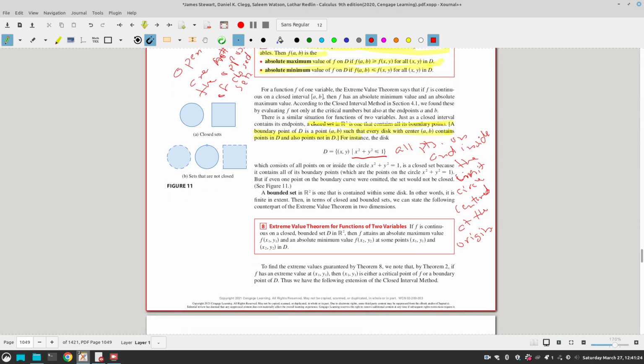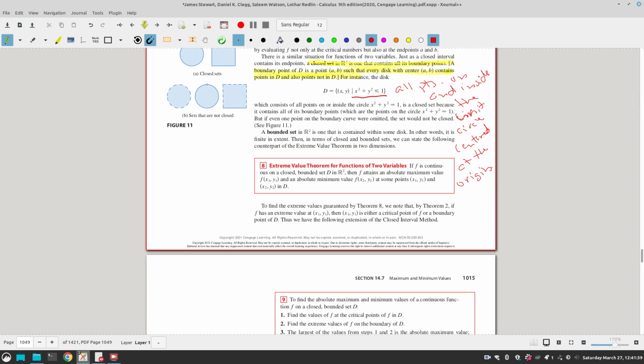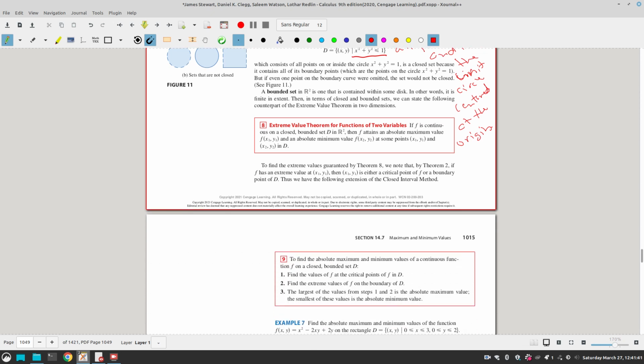So let's look at the extreme value theorem for functions of two variables. And you'll see why we've defined open and closed sets right now.